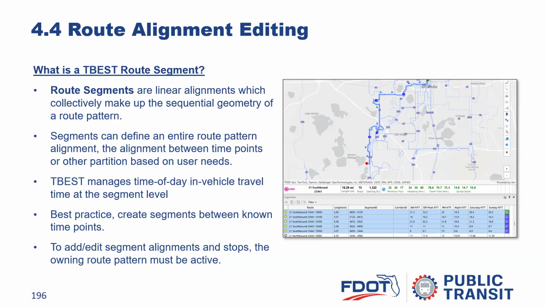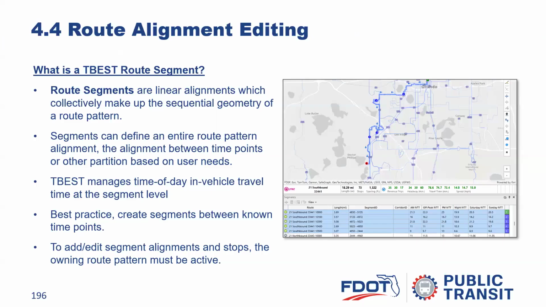If you're developing segments and you start with a single segment, the next segment needs to be connected to it at its endpoints, right? It can't be out in space somewhere. It needs to be connected at endpoints. So TBEST forces you to have connected geometry so that it can do what it needs to do for modeling and accessibility and all those things that happen inside of TBEST.